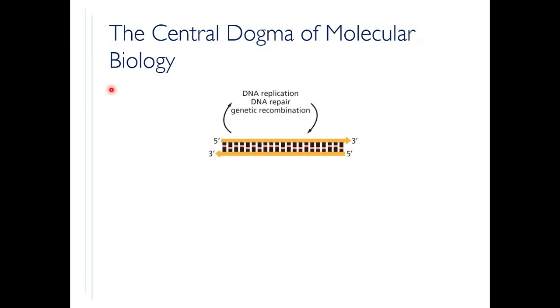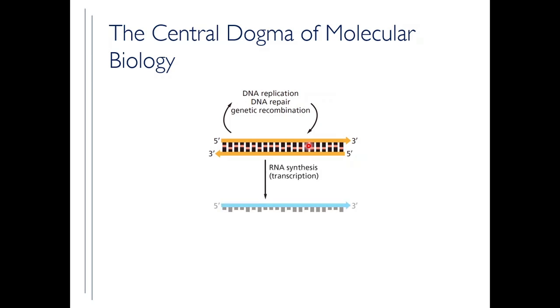Essentially, if we start with DNA here, and don't forget it's a double helix containing anti-parallel strands, this duplex of DNA can be replicated and can give rise to more DNA duplexes.